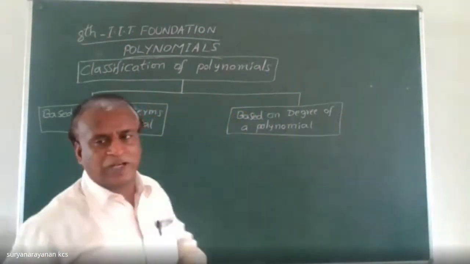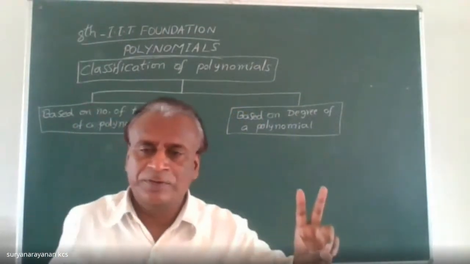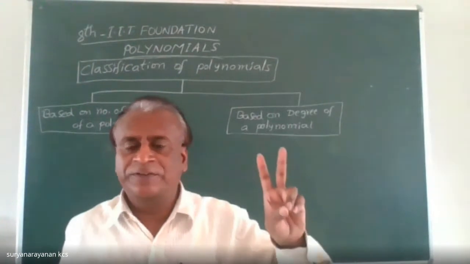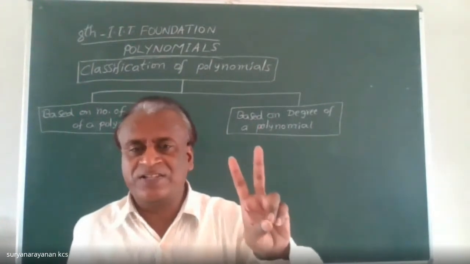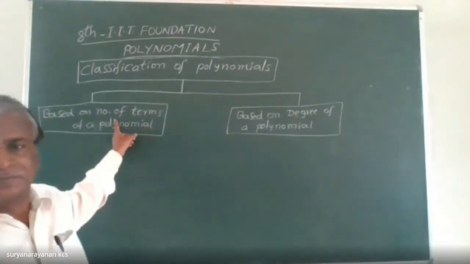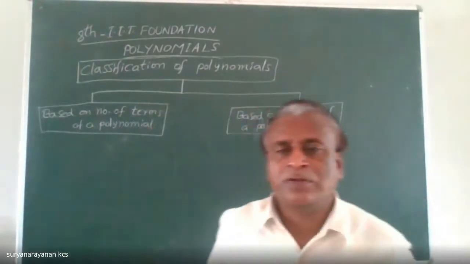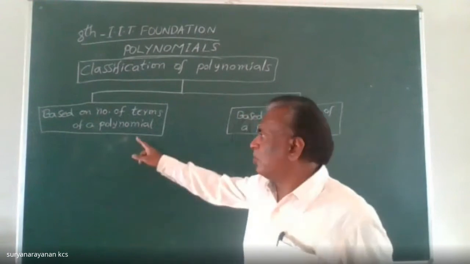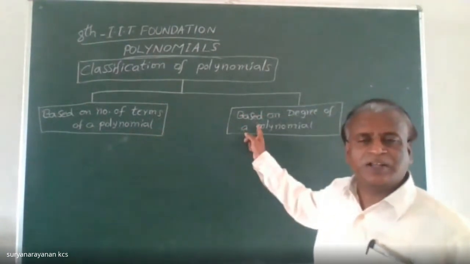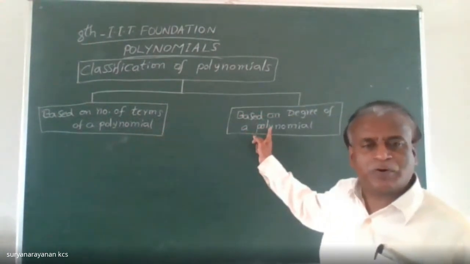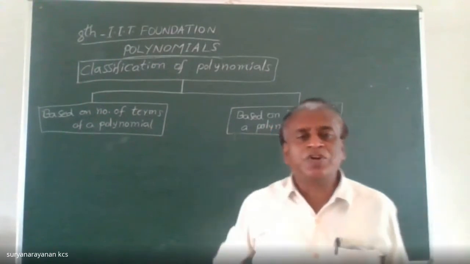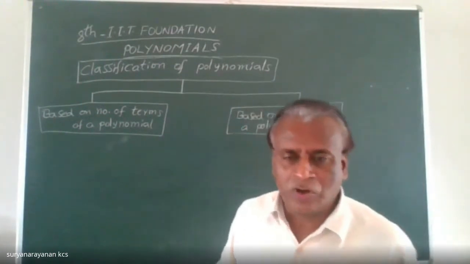There are two classifications, namely polynomials are classified into two categories. First category, this first classification is based on number of terms of the polynomial, and the second category, second classification of polynomials is based on degree of a polynomial.